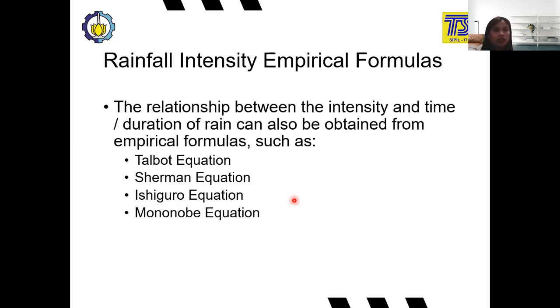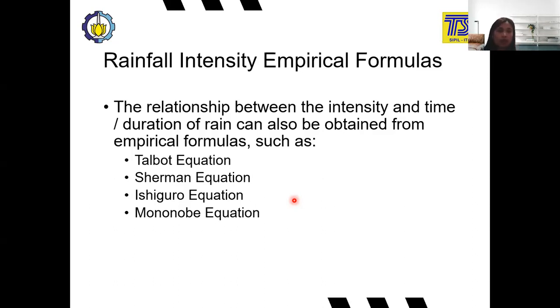The rainfall intensity can be obtained using empirical formulas. So there are 4 empirical formulas that are usually used. Here we have, first, the Talbot equation.